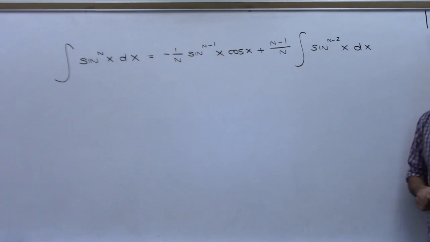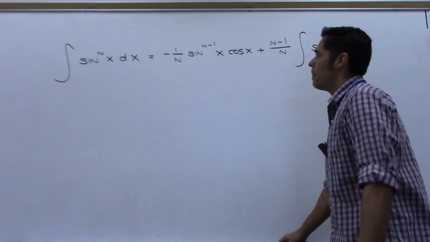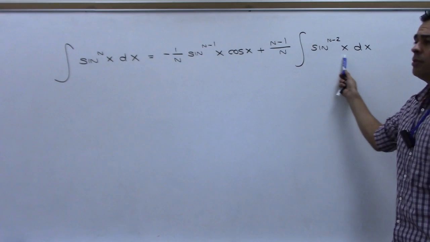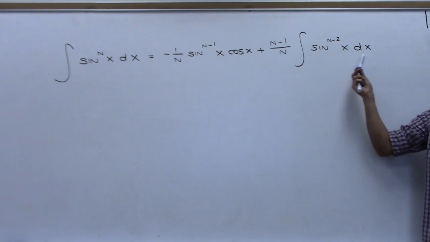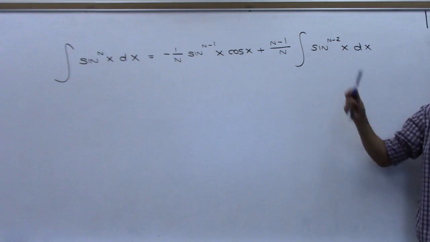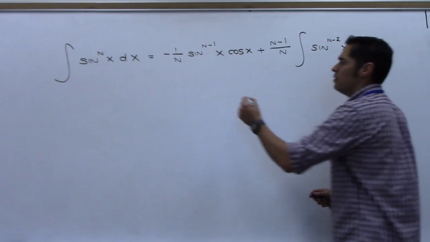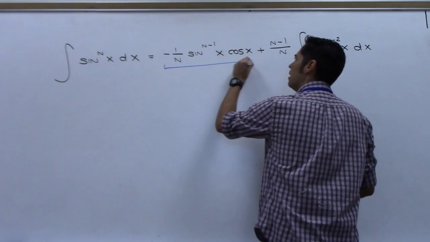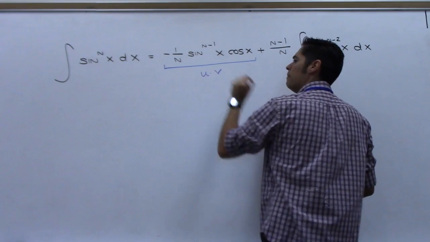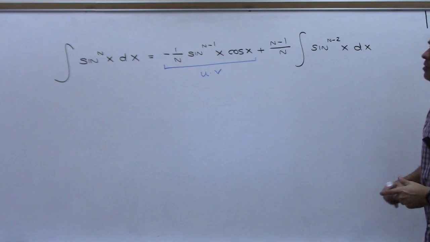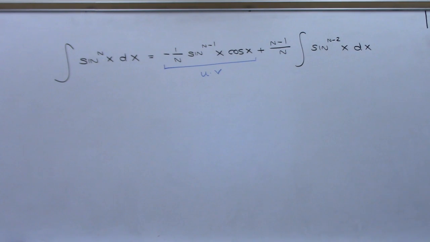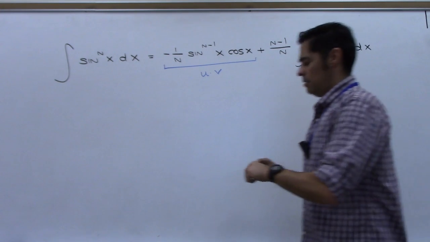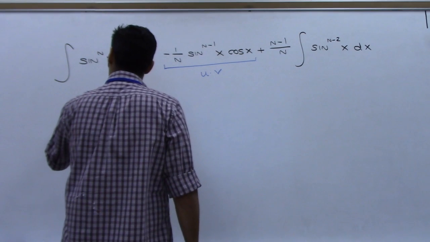I'll give you a big hint on how to start this. This is ultraviolet minus voodoo, believe it or not. So if that's ultraviolet minus voodoo, then this has to be ultraviolet, which means one of those is u and one of those is v.